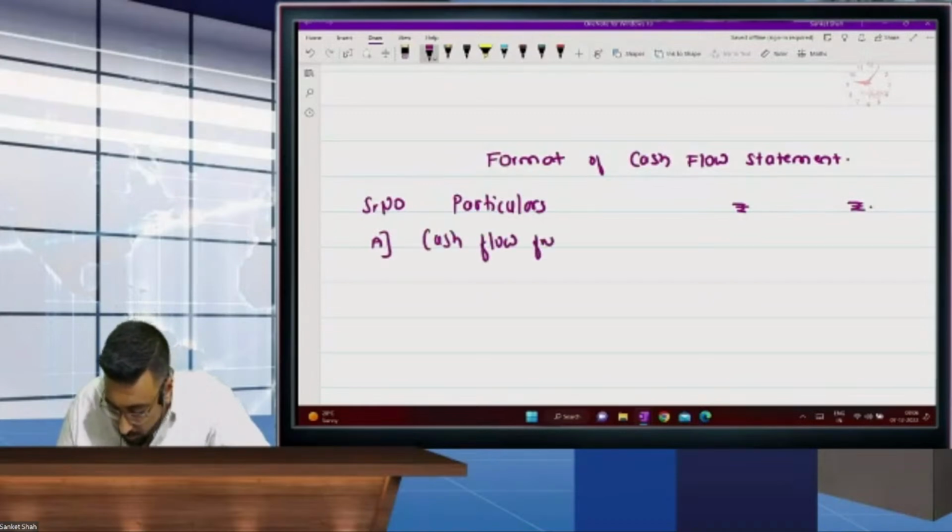Cash flow from operating activities. Write down. Cash flow from operating activities.